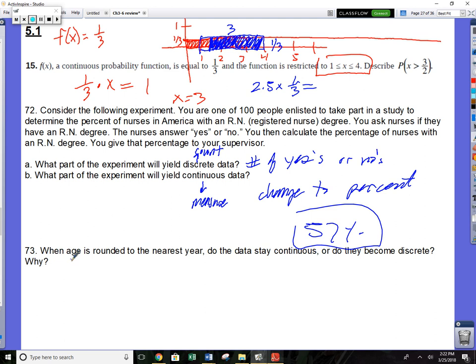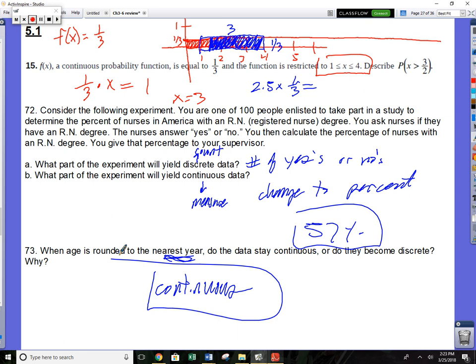Number 73, this answers that better. When age is rounded to the nearest year, if I'm 45 and 7 months, I'm going to round that up to 46. So 46 is a nice integer. Does that mean it's continuous still, or would that be discrete because it's a whole number? And the answer is, even if it's a nice number, it's going to be continuous because it's something that's measured.